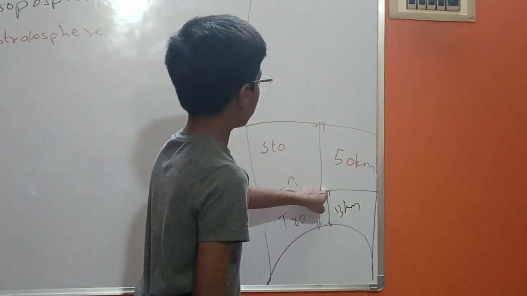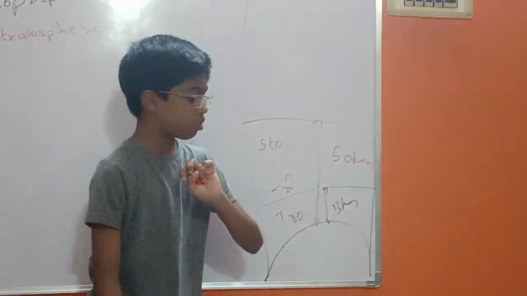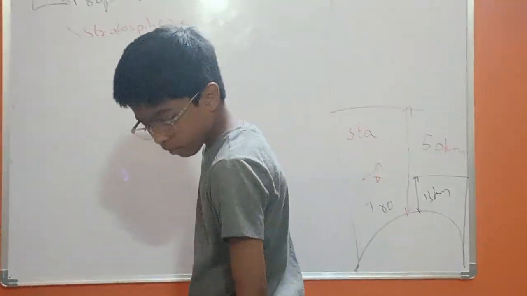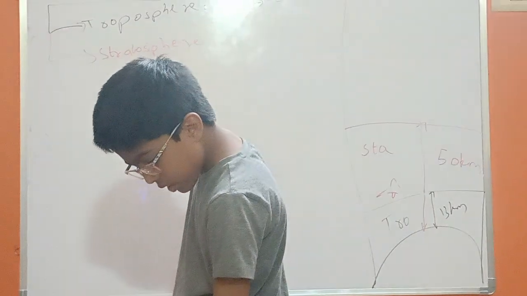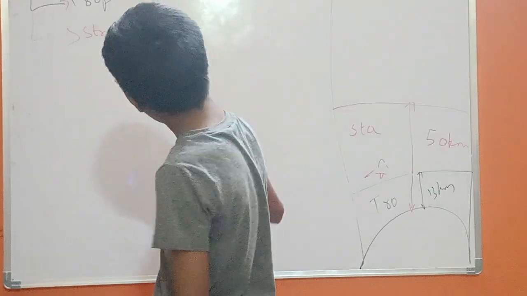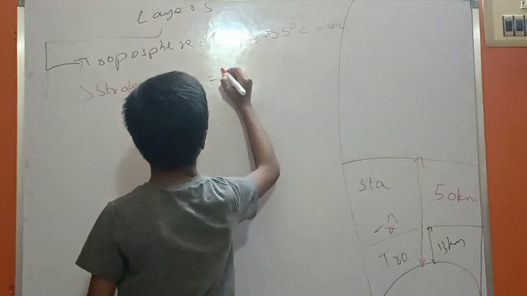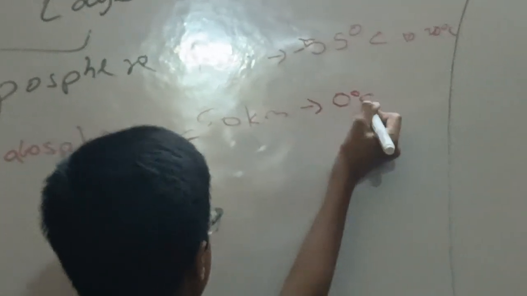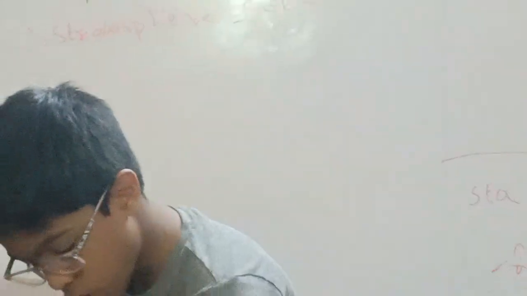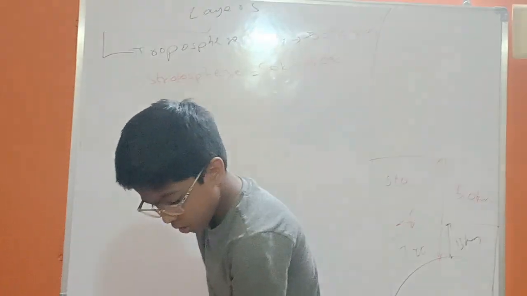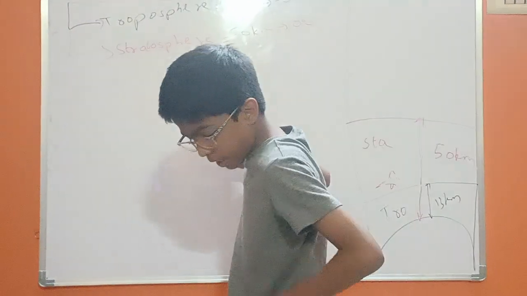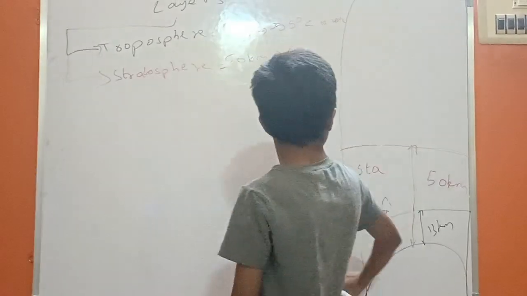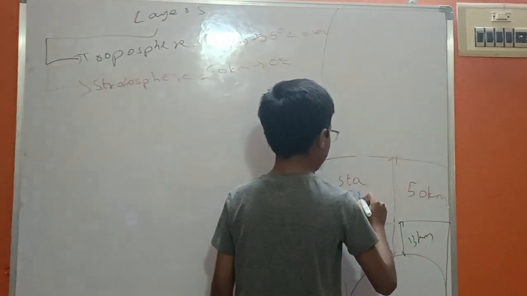The temperature in the stratosphere rapidly falls. Here also it is very cold, 50 kilometers and temperatures are 0 degrees Celsius. And the ozone layer will be in the middle of the stratosphere. Here somewhere the ozone layer will be.